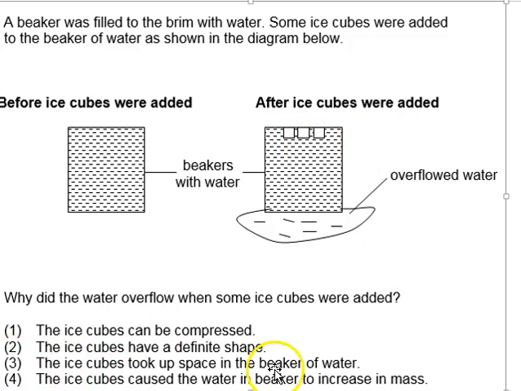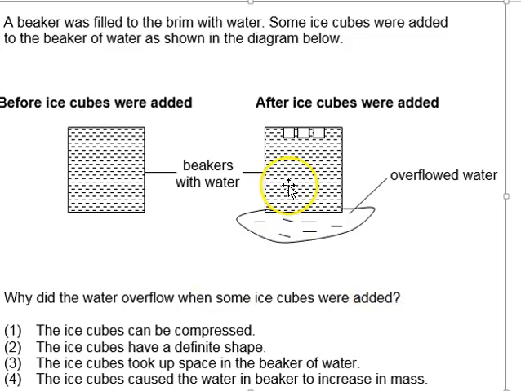Looking at option four: the ice cube caused the water in the beaker to increase its mass. We know that water has a definite volume and it has mass. But when we put ice cubes inside the water, the ice cube took up space in the beaker of water, and the water had to be displaced.